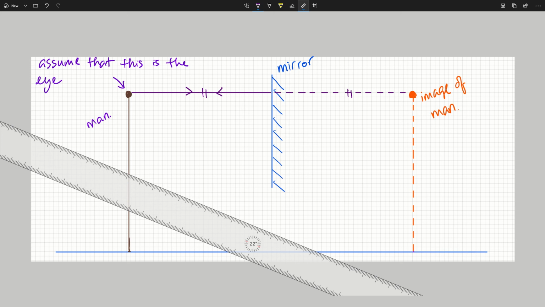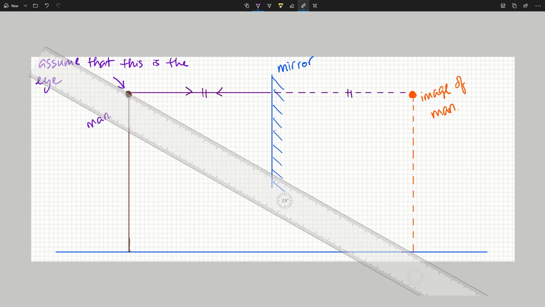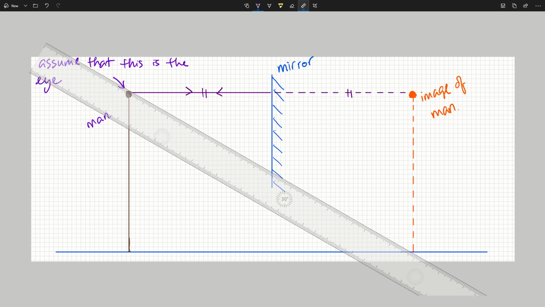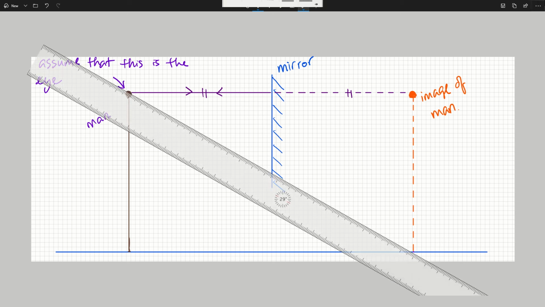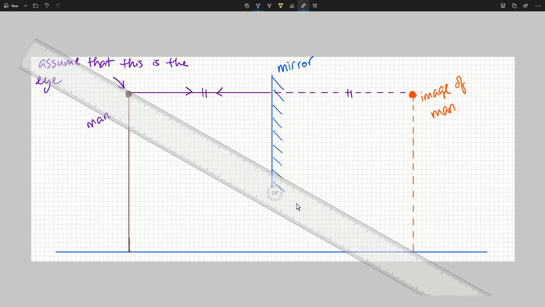So next we need to locate the rays that show how he perceives where the image of his foot is. Right, so this is where he perceives the image of his foot.